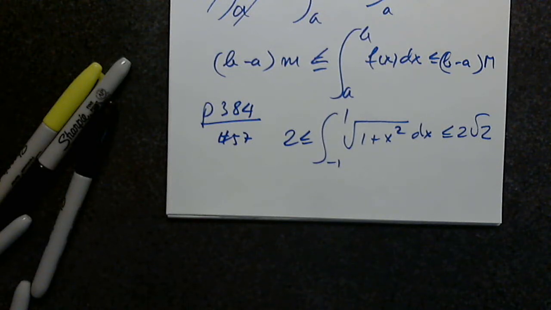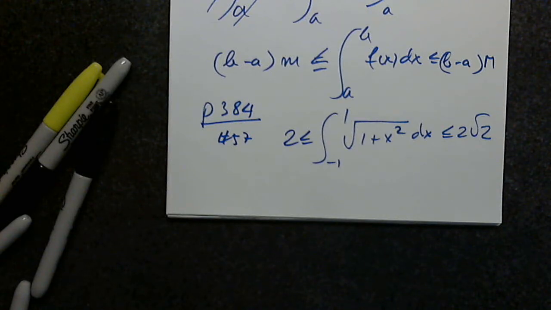I cannot even evaluate this integral other than approximating it with rectangles. So we don't know an antiderivative of the square root of 1 plus x squared.